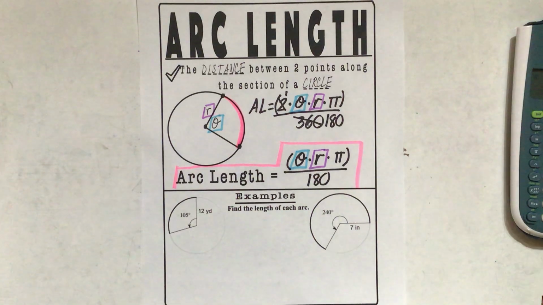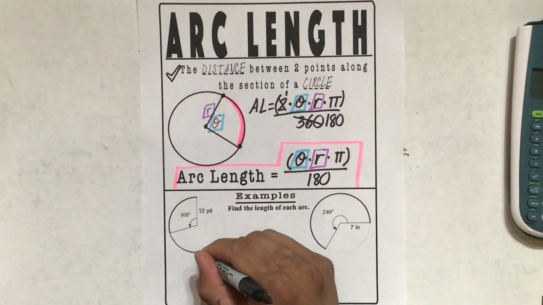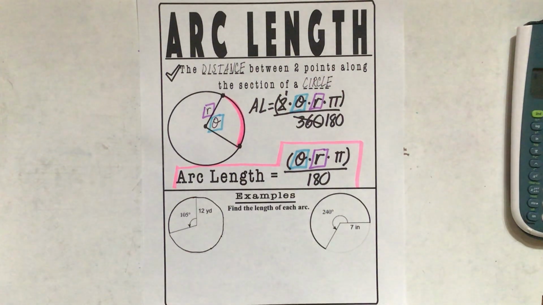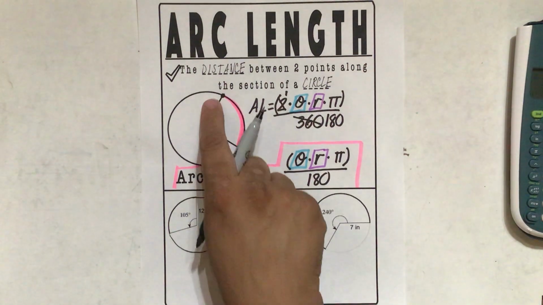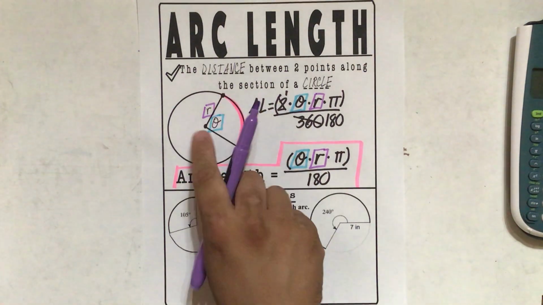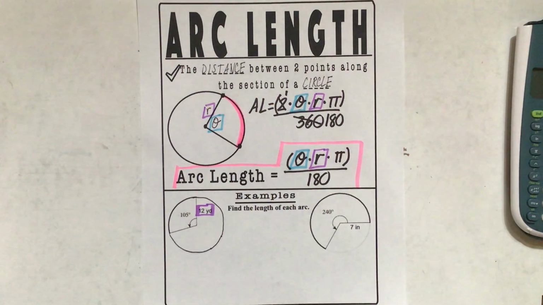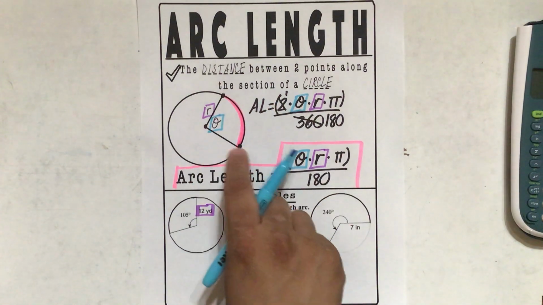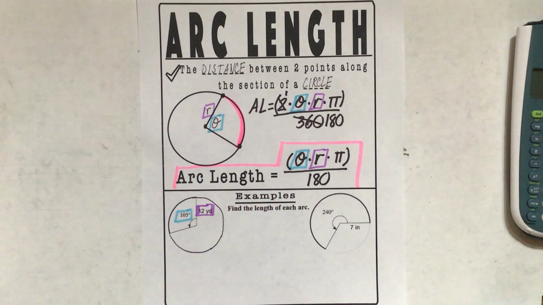So let's use this information to solve these examples here. Let's fill in our circle here. The two things that we need are radius and theta. My radius is in purple, the distance from the center to the side. So this is my radius. And the degree, the theta, how big the pizza slice is here, is 105.